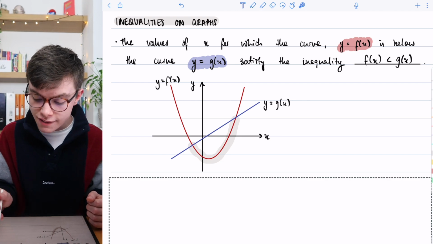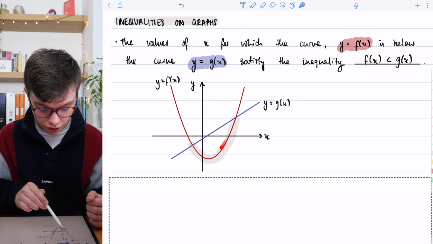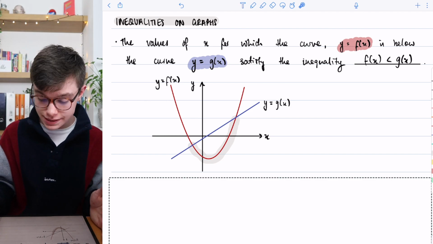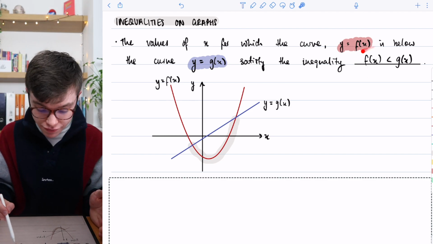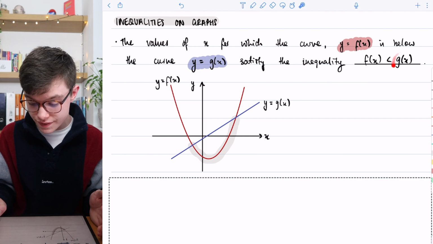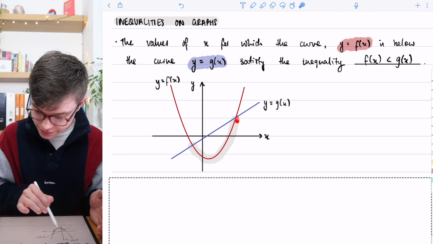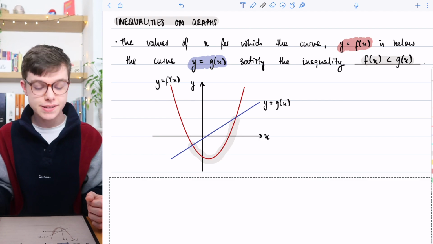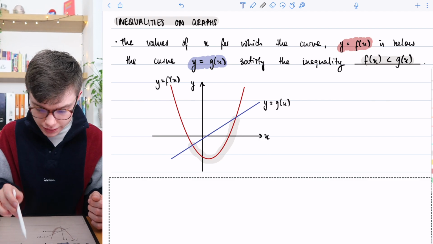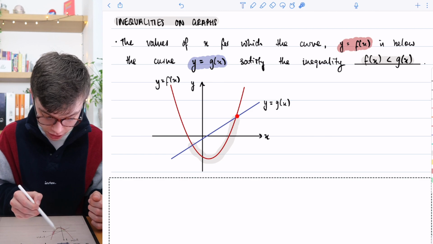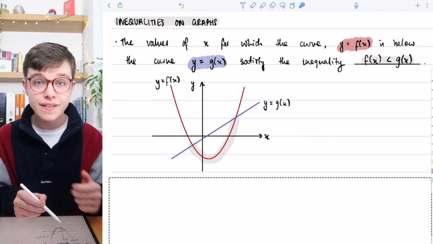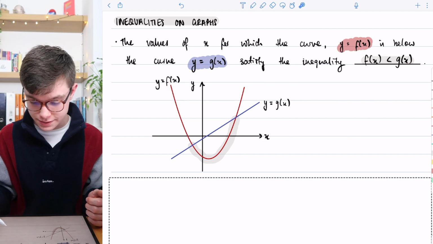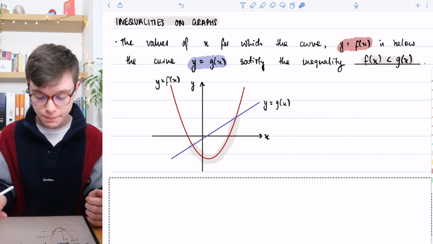In terms of the graph, we were looking for where f of x is below. That's this bit here. But what it actually means mathematically is that all the values of f of x are less than the values of g of x in this grey region here. And I'll join them together with a grey highlighter, okay? And that kind of makes sense. All of these values on the graph are less than the blue line, so that should make sense to you, okay? So hopefully that makes some sense.